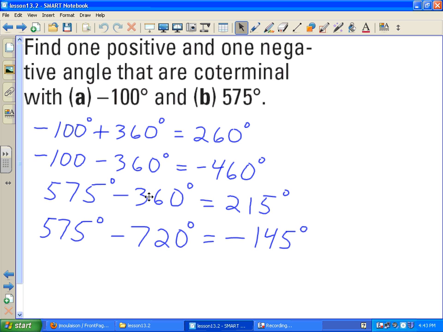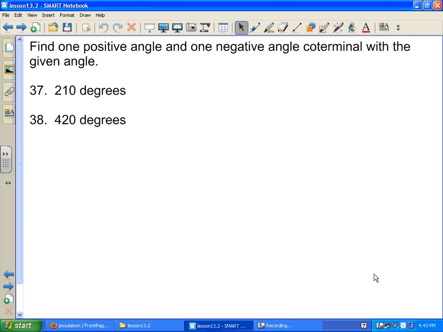So instead of 1 times 360, I'll have to subtract 2 times 360, or 720. Then when I take the difference, 575 minus 720, the resulting negative angle, negative 145, is coterminal with 575. I'm going to pause this movie and continue this lesson in a second video.